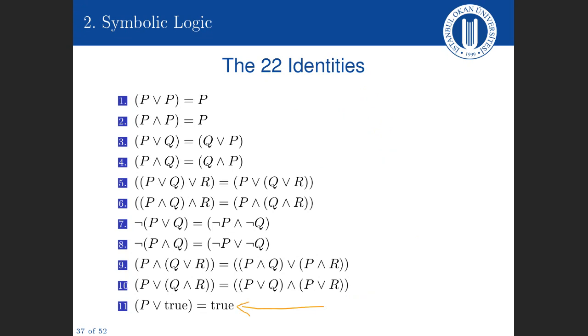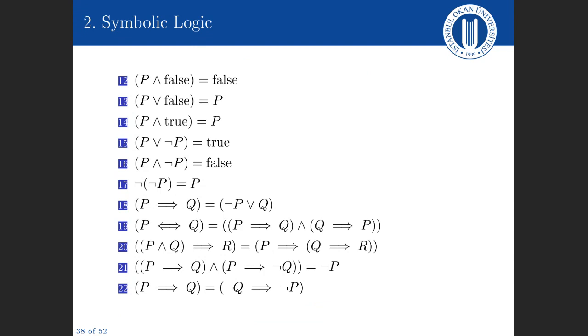P or true. P might be true, P might be false, but true is always true. So P or true must always be true. Likewise, P and false. Is it possible for both P and false to be true? No, because false is always false. P and false must be false.